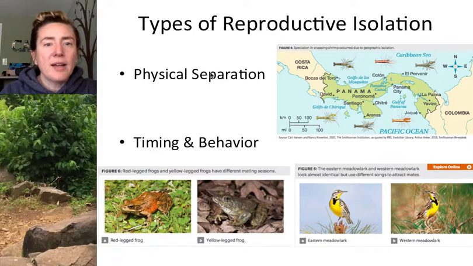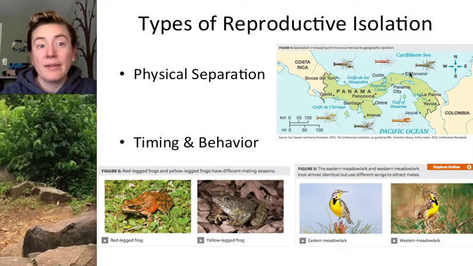Other types then, physical separation, again, like I said, that's that geographic isolation. And then temporal, which I had on the other slide. Here are some other examples. So for physical separation, if we think of Panama, Panama is the separating divider between these two different seas, the Gulf of Panama and the Caribbean Sea. And therefore, these crayfish are not going to be able to meet up and mate. So there's a physical separation and there's a reproductive isolation in place.